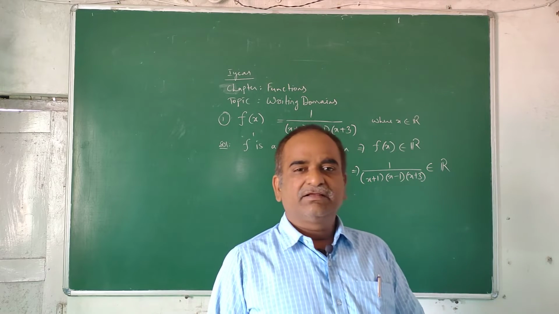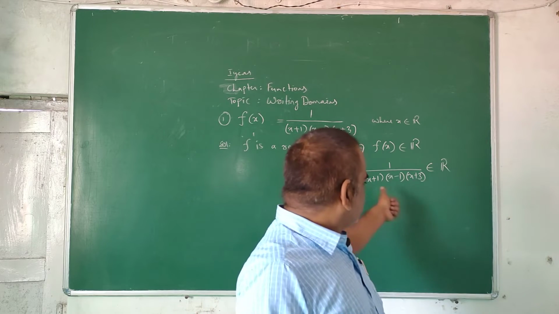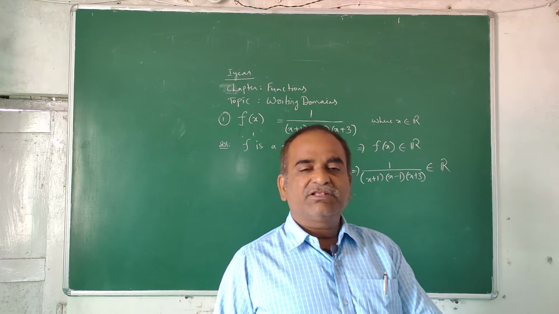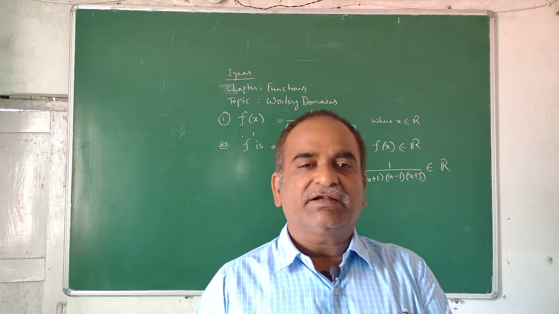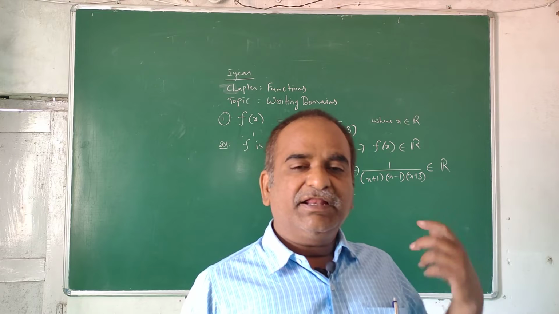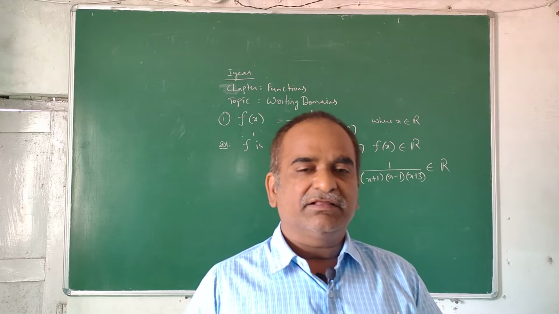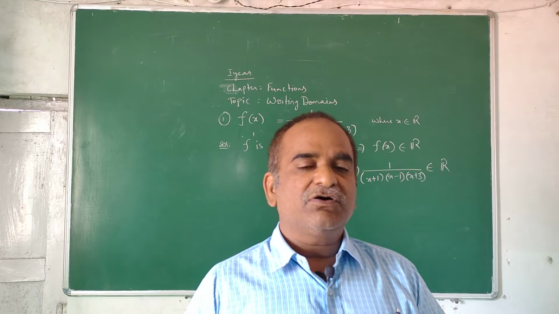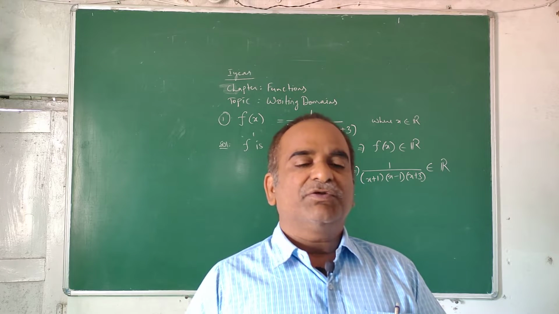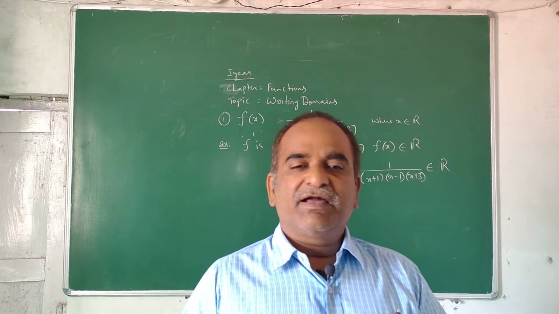This product becomes 0 because 0 and something is 0. So when the product is 0, in the denominator you are seeing 0. In the denominator you are seeing 0 means it is undefined. So it doesn't belong to R.